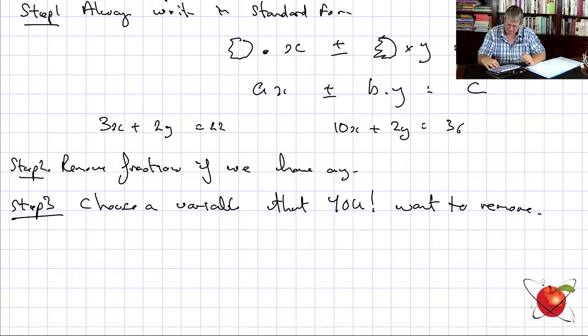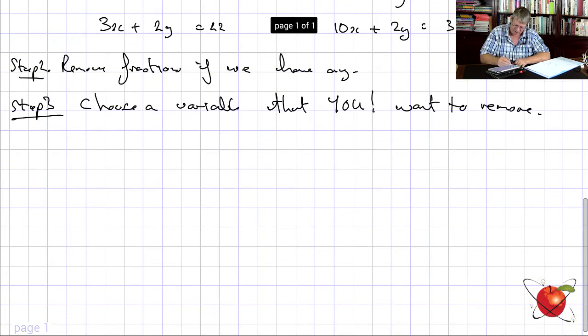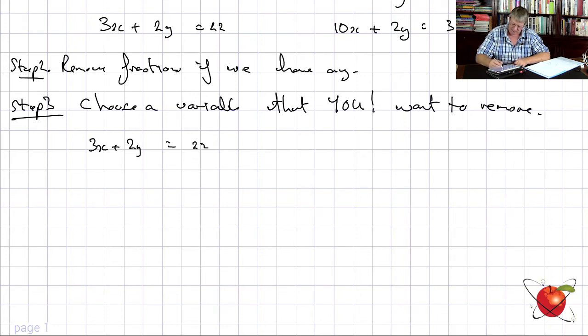So over here, I'm going to do it both ways, all right? I'm going to just decide to do both of them, just so that you can see. First of all, here we are. I've got 3x plus 2y equals 22, and 10x plus 2y is equal to 36. Now, another thing, I could simplify straight off here, couldn't I?